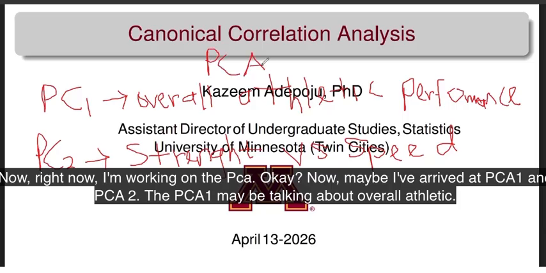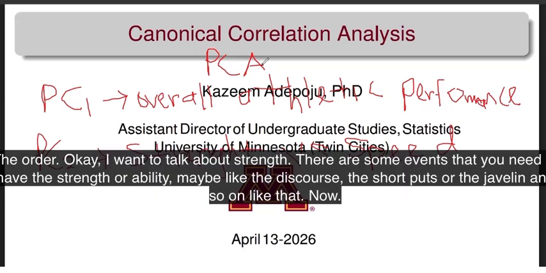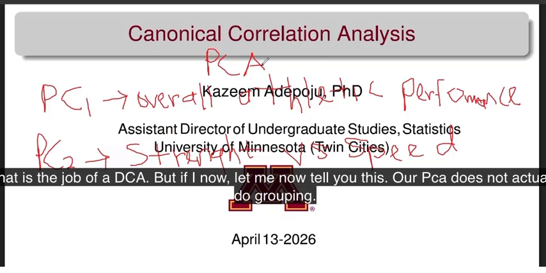Now, maybe I've arrived at PC1 and PC2. PC1 may be talking about overall athletic performance, while PC2 may enable us to distinguish speed from strength. Of course, we're talking about speed events, like the 100 meter, the 400 meter, the hurdles. I want to talk about strength. There are some events that you need strength ability for, maybe like the discus, the shot put, or the javelin, and so on. Now, that is the job of a PCA.